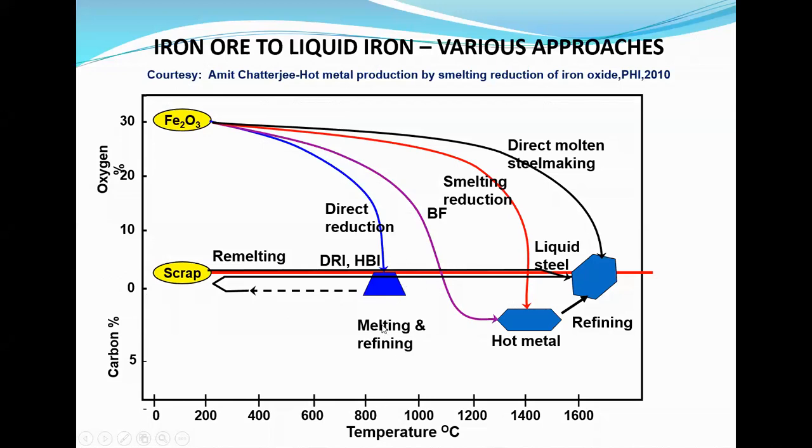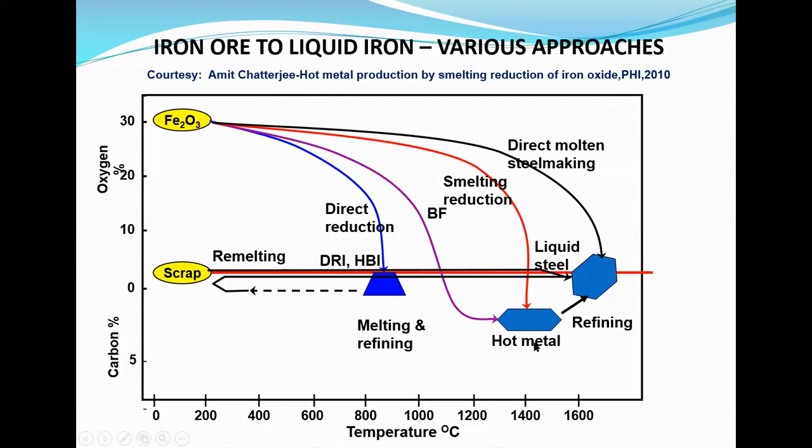You can see most of the DRI is produced around 900 degrees centigrade. Maybe coal-based DRI is produced at a little higher temperature, maybe 1000 degrees centigrade. So its position is here, temperature at 900, and its composition, you can see the carbon is at maximum around 1 to 2%. So this is the location of the DRI in this diagram.